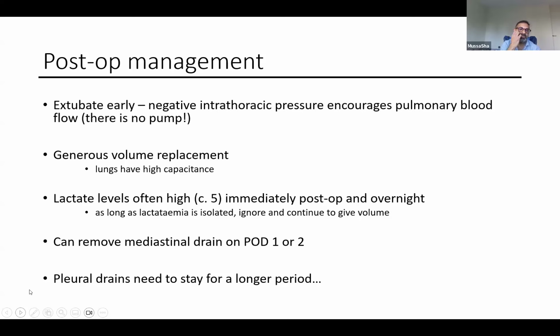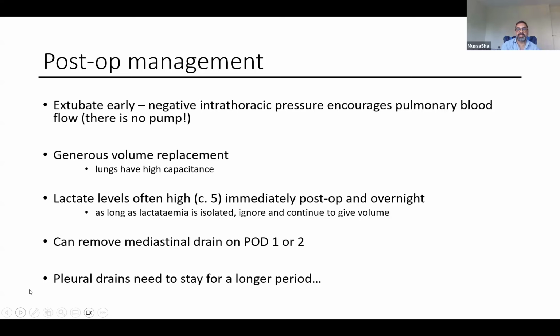Patients will need generous volume replacement because the lung vasculature has a high capacitance, and you need to fill that in order to get appropriate preload for the ventricle, okay? And often lactate levels will be high immediately post-op and overnight. But as long as that lactatemia is isolated, it can be ignored and we can continue to give volume.